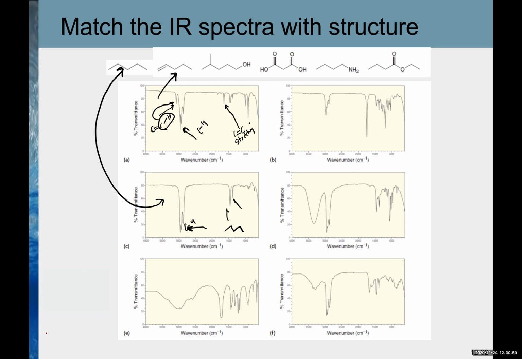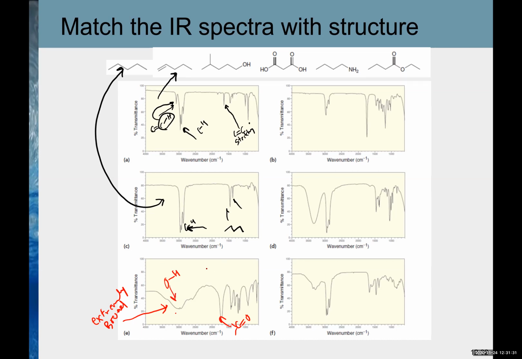E would be the carboxylic acid. Yeah, that is, and obviously, right? So look at how broad this is. Extremely broad. D should be the alcohol, right? So that broad signal along with that C double bond O, that would be the CO signal. That's the OH signal, right? This one.